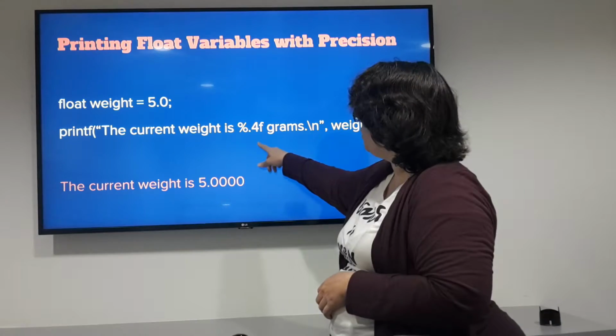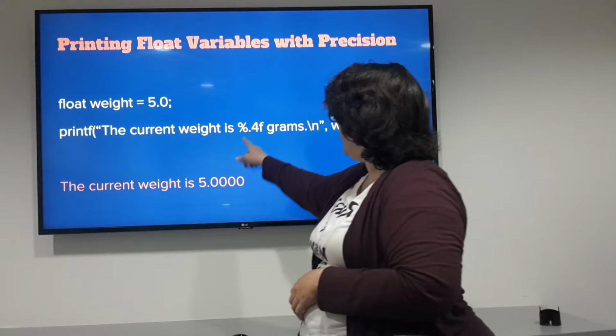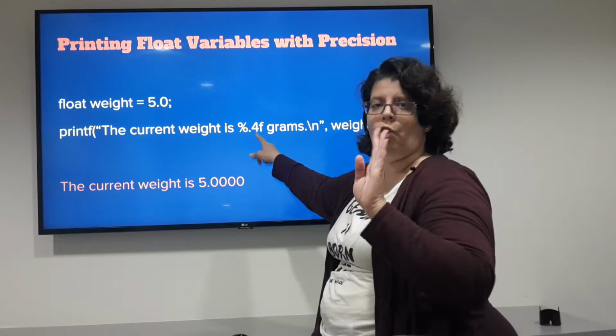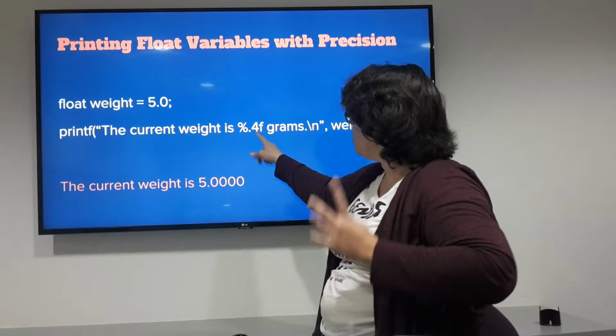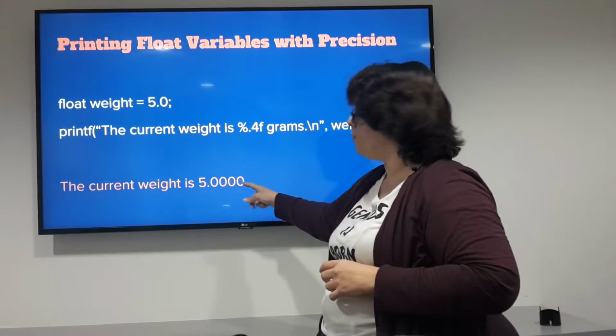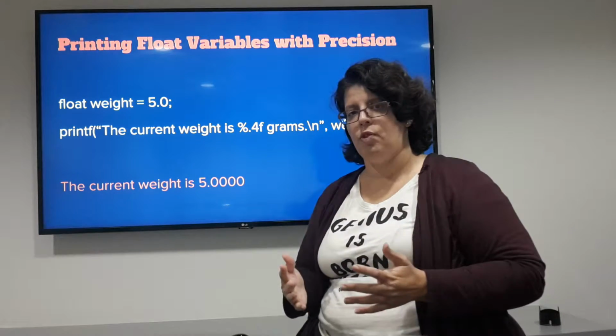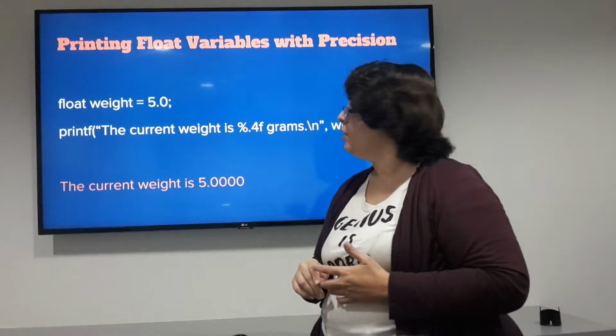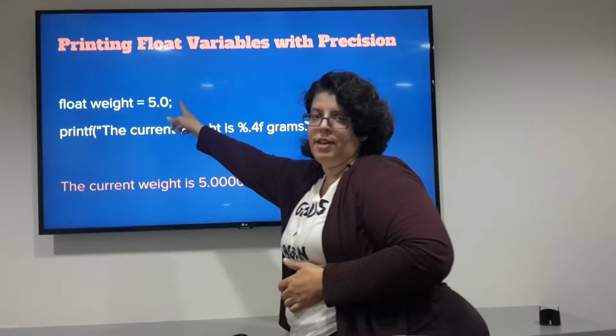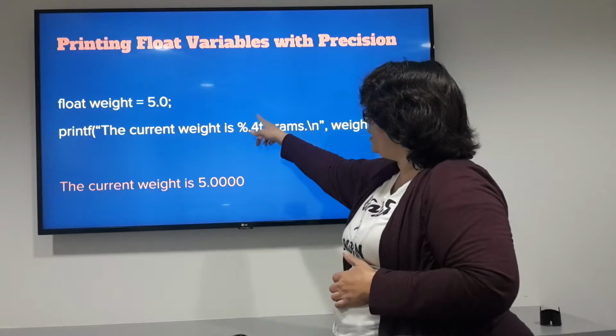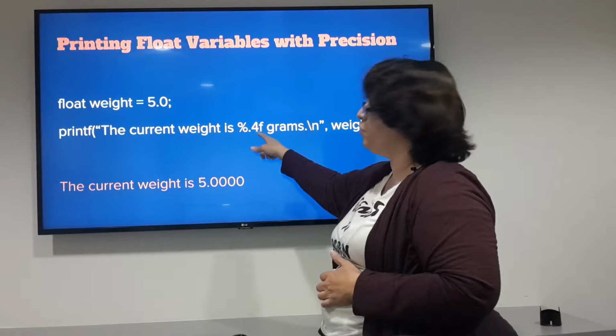So in this case here, the number was 5.0, and I said after the decimal point, show me 4 spaces with the numbers. So after the decimal place, I only have 4 zeros. So it listens here to how many spaces you want to have after the decimal point. We only told it we had 1 at the very beginning, but when we displayed it inside the printf, we told it 0.4f.